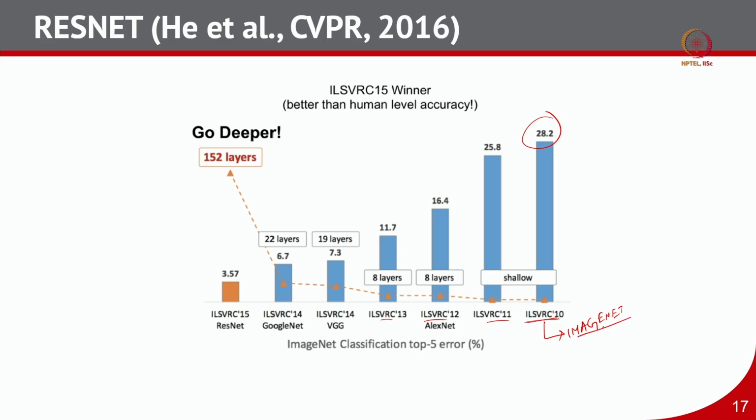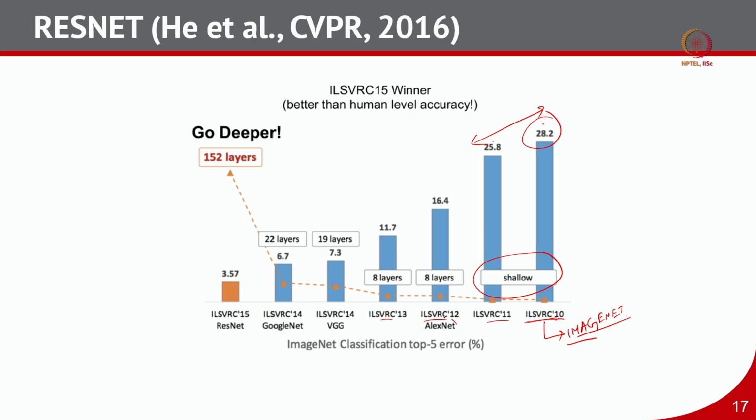In ILSVRC 10, the 10 meaning 2010, the error was 28.2, then the error was reduced to 25.8, but these are with shallow networks. Shallow means, like AlexNet had 5 layers. So, some networks of that kind were the winners of ILSVRC 10 and 11. However, you can see that the error is very high, like 28.2, right.